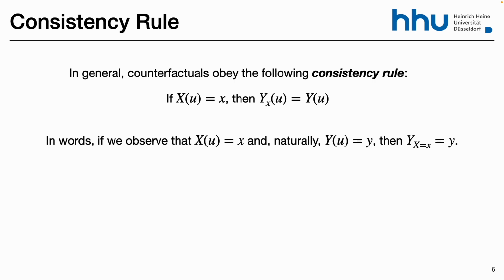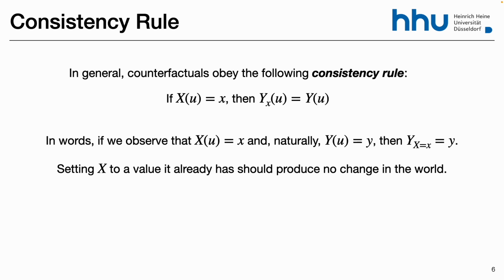So that's the consistency. In words, if you observe X for some u equals x, and naturally your Y_u is equal to y, then forcing x to be x by intervention has to give you the same y. You cannot change.